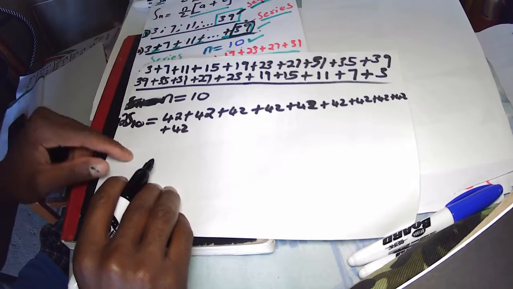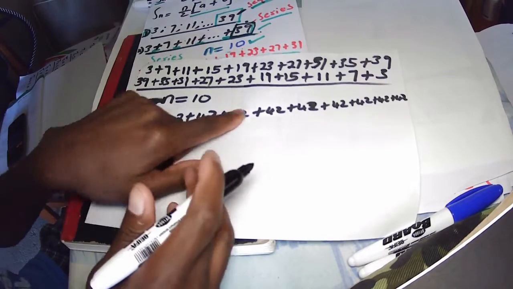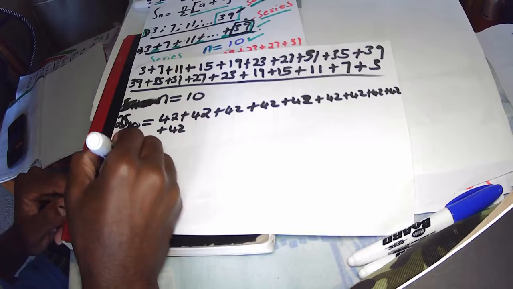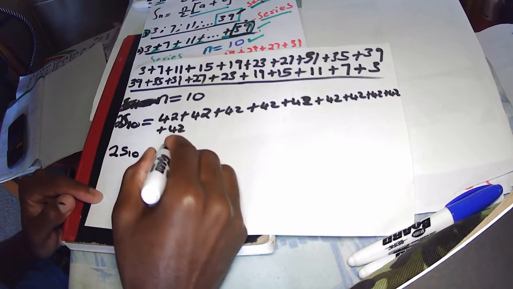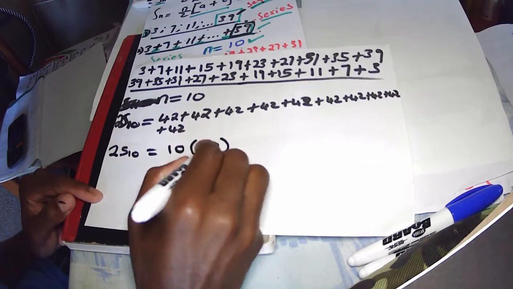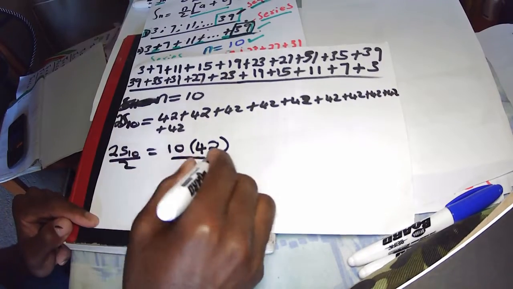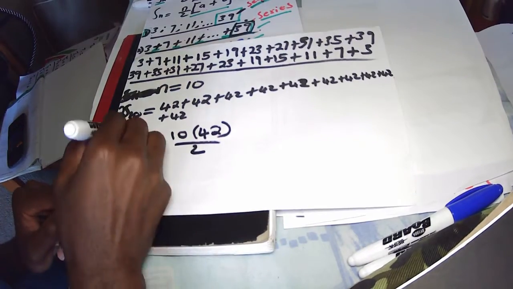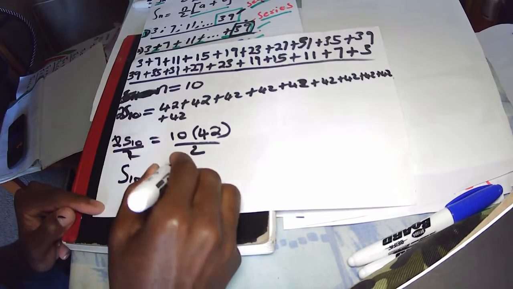When we add in the columns, we get 42 in each of the 10 columns. So 2 S10 is equal to 10 times 42.